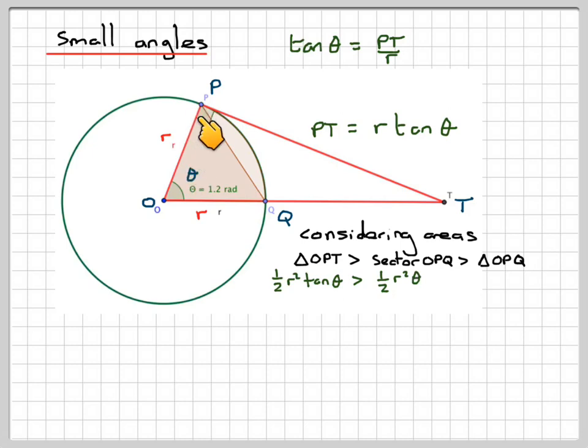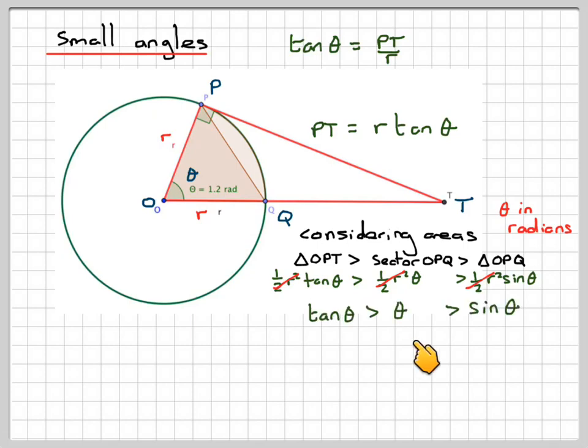And the area of this small triangle here, using two sides and the included angle, is going to be a half R squared sine theta. Obviously the half R squared can cancel out. Remember that theta is measured in radians.